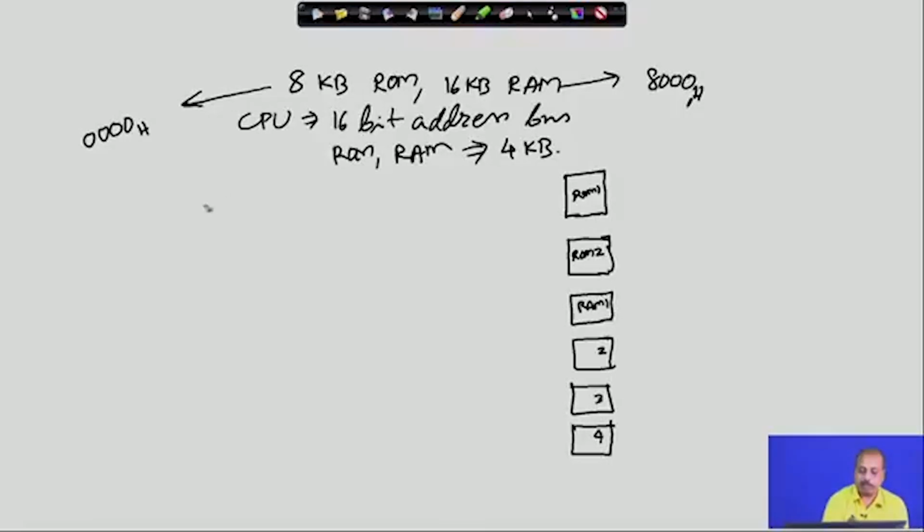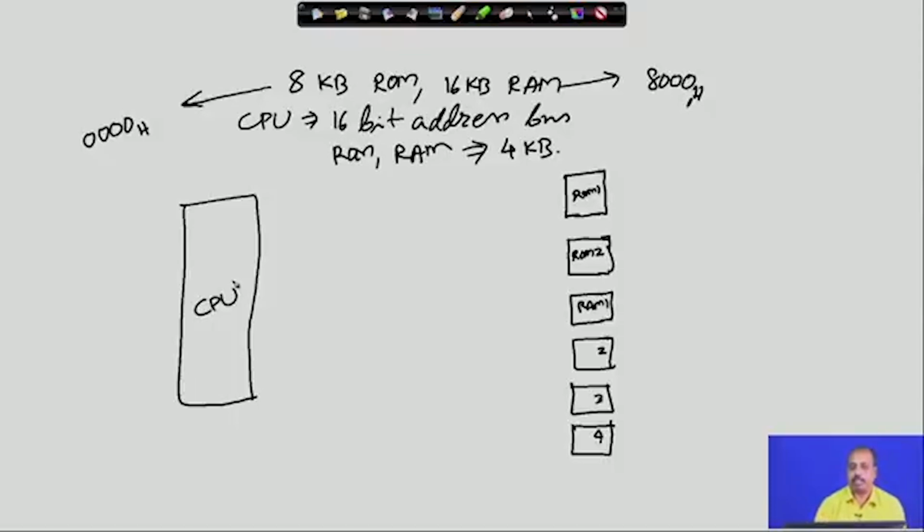Now, on this side I have the processor, the CPU, from where the address bus and data bus lines go out. Since each chip is 4 kilobyte, to address 4 kilobyte I will need 12 bits of address. 12 address lines will be sufficient to differentiate between the locations within individual chips.